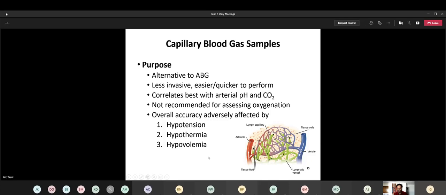And again, the same goes for hypovolemia. Hypotension and hypovolemia can go hand in hand because if your patient's dehydrated, then it's going to be a challenge to get a capillary blood sample in a lot of cases.